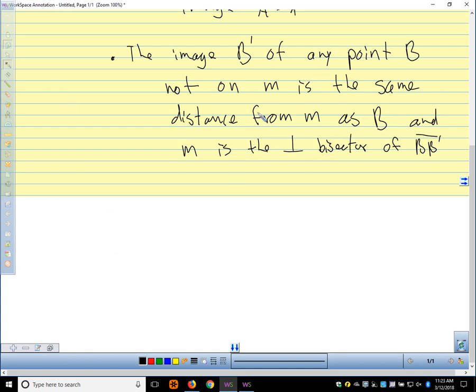So let's draw a picture to tell us what this is talking about. There's my mirror line M. And it says if we have a point on the line, there's point A. The image of A is A prime. It's the same point. And if I have some other point B, the image of B is the same distance from the line.